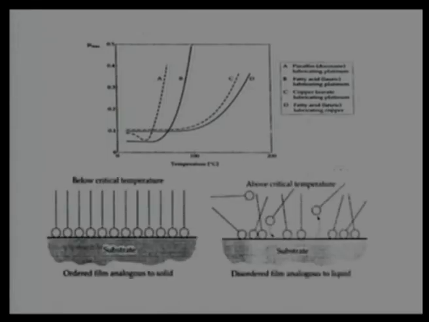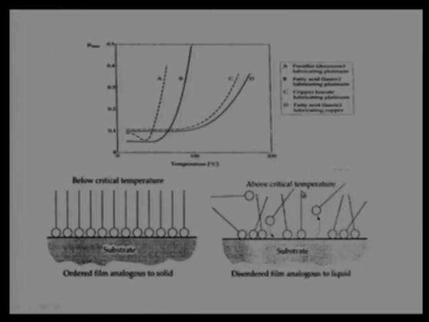Why this phenomenon happens with temperature can be explained using these two sketches. Here it shows an ordered film on the substrate, below the critical temperature. Almost all the sites are occupied, and the surface is not free from these molecules.